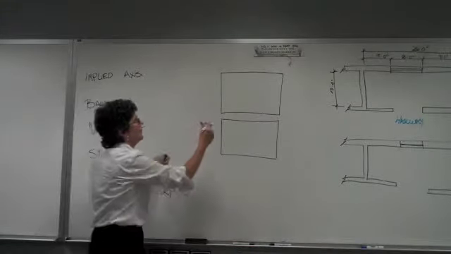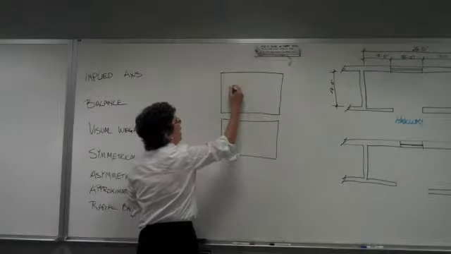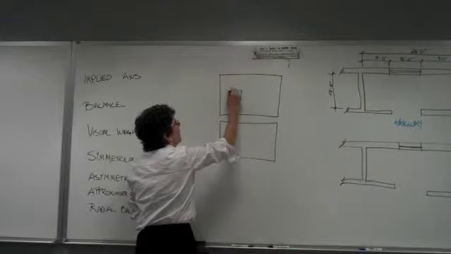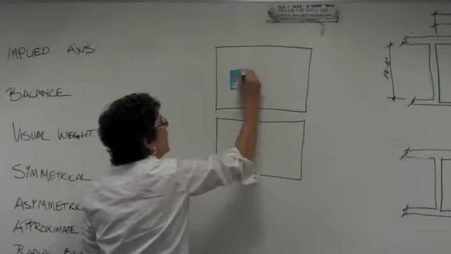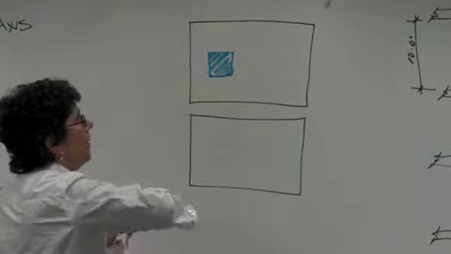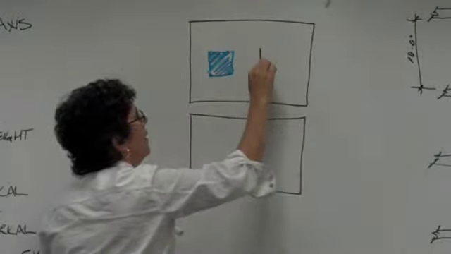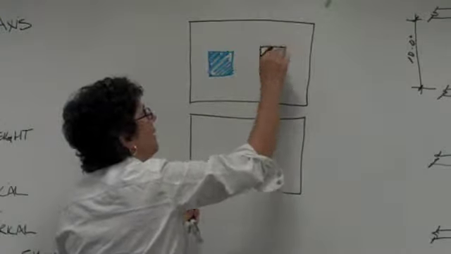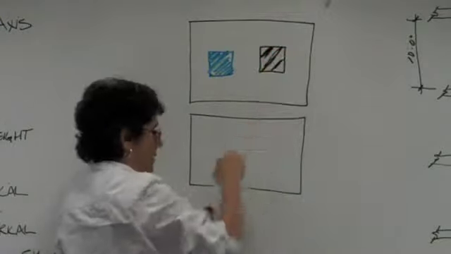So if I take this square, and rectangle, and add another rectangle, and I'm going to make it a solid blue one, and then I put on the other side the same size, but I'm going to make this more dynamic.